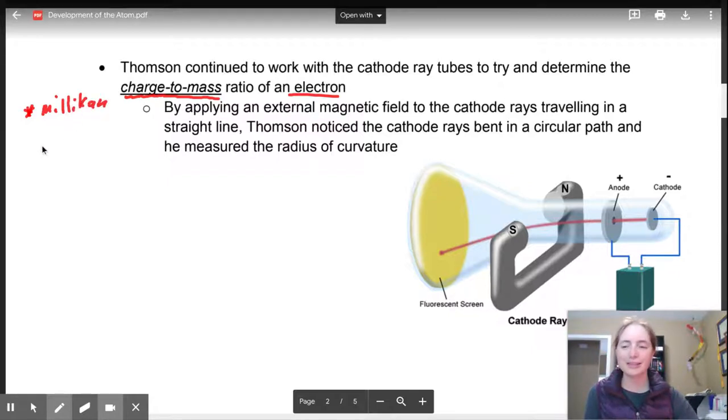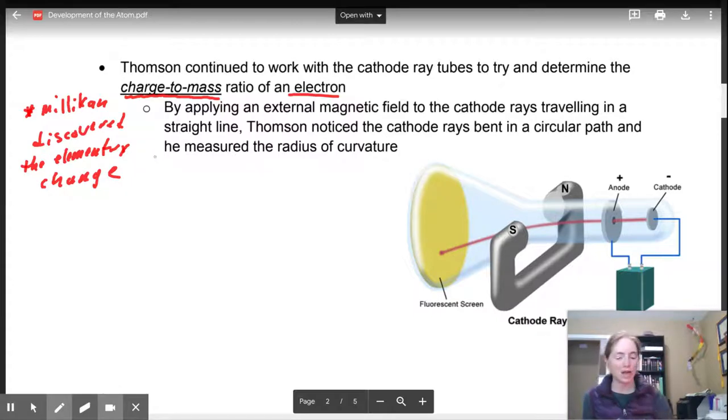So I'll get this written down. What's super cool about this is, as Millikan was able to discover the elementary charge, well, guess what? If you can find the charge to mass ratio, then you can mathematically calculate the mass of an electron. So that's a pretty neat thing to be able to do.